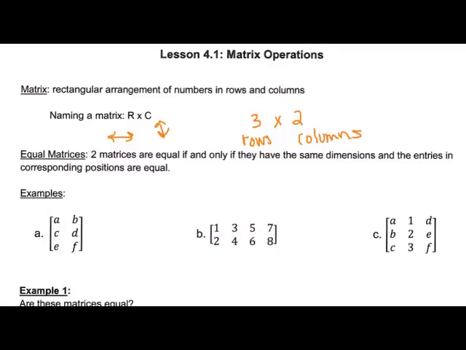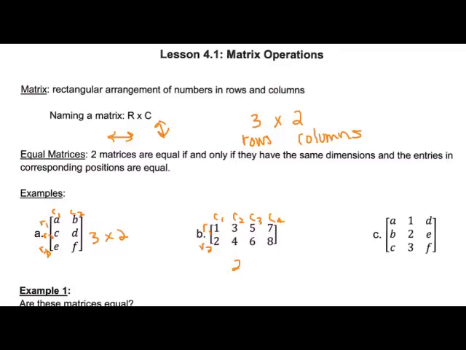Our first matrix, part A, we see that we have 3 rows. So this is R1, R2, and R3. And we have 2 columns, so column 1 and column 2. So this is a 3 by 2 matrix. Again, 3 rows, 2 columns. Part B, again, row 1 and row 2, so we have 2 rows, column 1, column 2, column 3, and column 4.